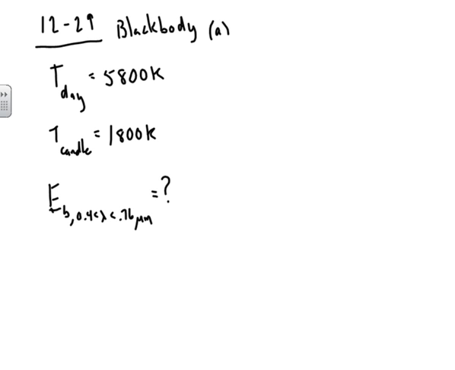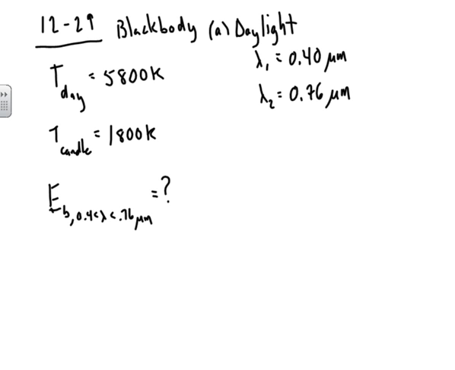For A, we are doing daylight, and we're only looking for the emittance in a particular range between lambda 1 equal to 0.4 micron and lambda 2 0.76 micron, right? And this is the visible range.